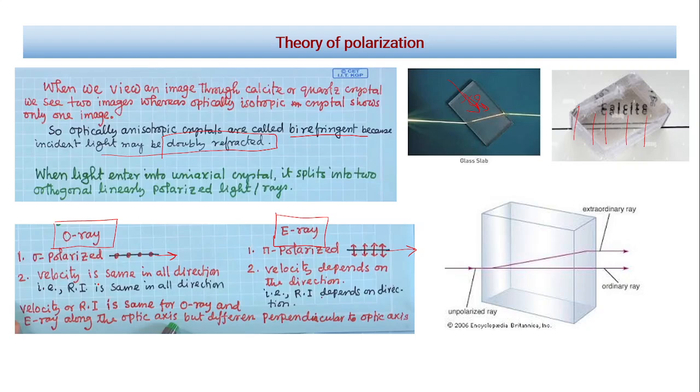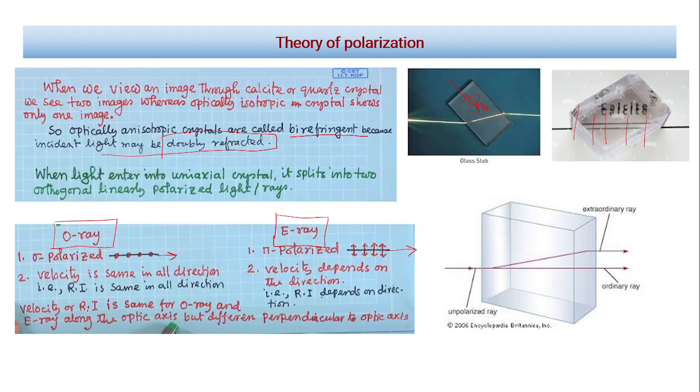Ordinary ray velocity is the same in all directions, and that's why it's ordinary, because it just follows the same thing. So velocity is the same in all directions because the refractive index is the same in all directions for the O ray. Whereas for the E ray, velocity depends on the direction because the refractive index depends on the direction. We'll further see in detail which direction what we get.